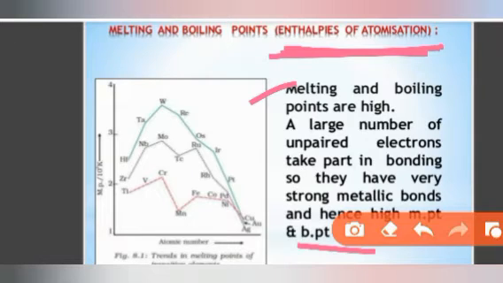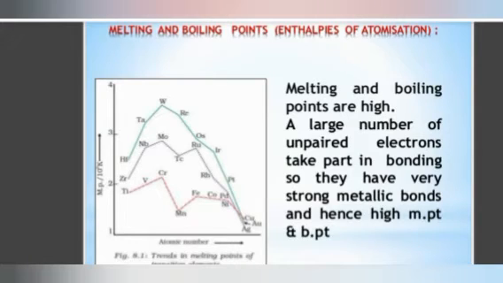So here, if we talk about the groups, you see scandium, titanium, vanadium: from titanium to chromium the melting and boiling point is increasing, then it decreases up to manganese, because now the orbitals are incompletely filled. Then it increases again for iron, cobalt and nickel are similar, then again it decreases.